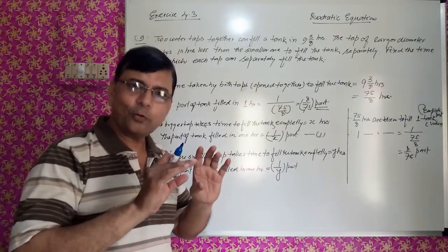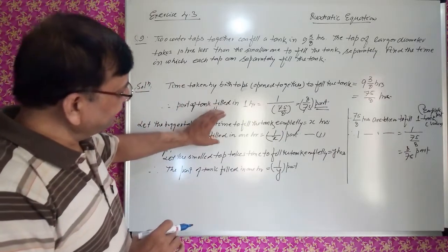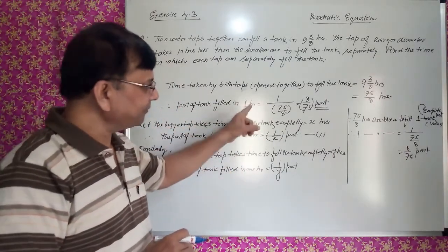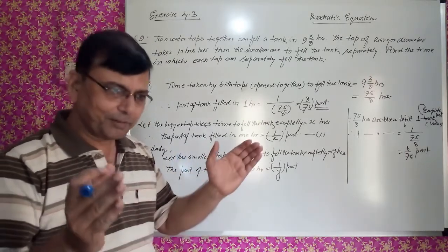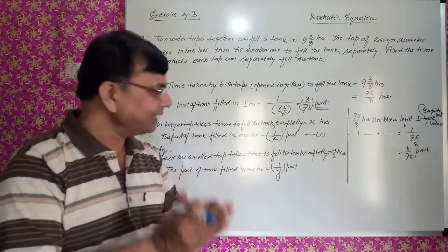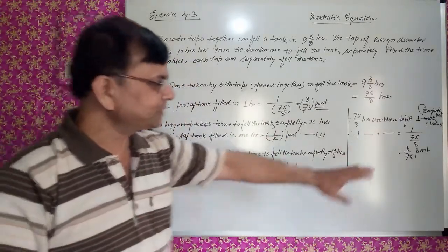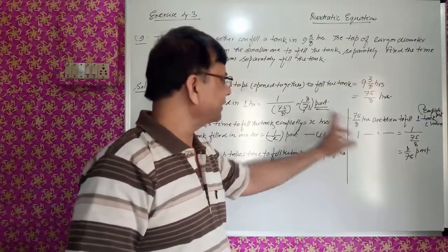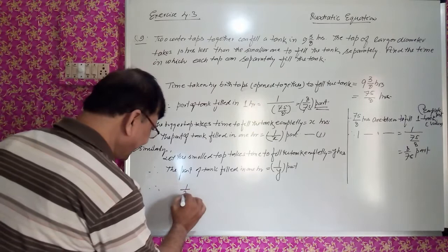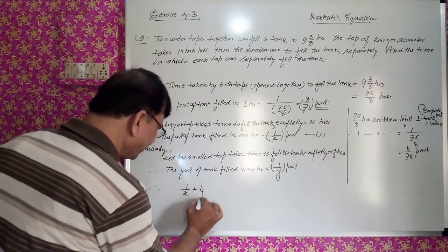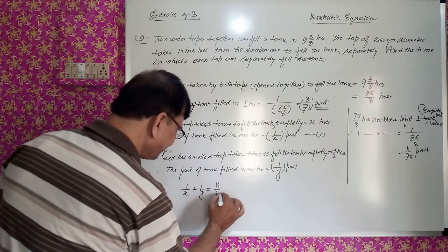Then in 1 hour, this much part will be filled by the bigger one, and this much part will be filled by the smaller one. If we add both parts, that must be equal to this much, because both are opened and this much part is filled in 1 hour, right? Therefore 1 by X plus 1 by Y is equal to 8 upon 75.